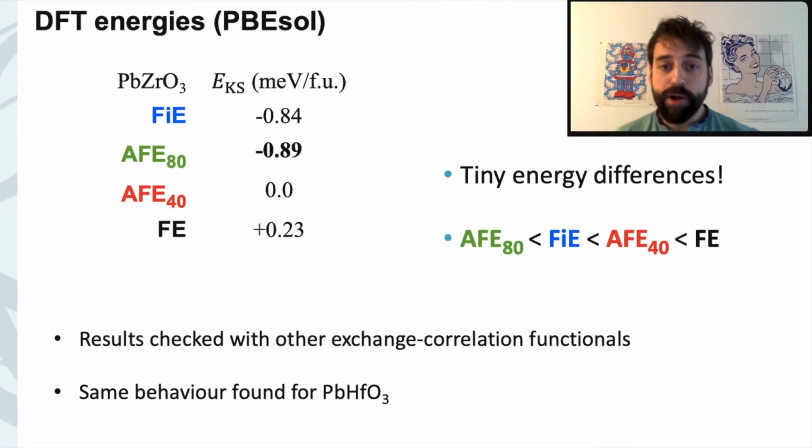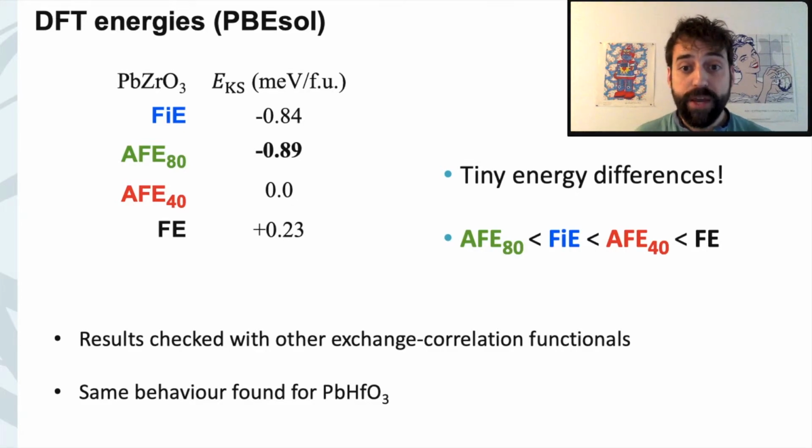The first thing we compared were the energies obtained with density functional theory of the four polymorphs. Using the PBEsol exchange correlation functional, we find the results displayed in this table, where the energies are in milli-electron volts per formula unit, and they are all relative to the AFE40 phase.